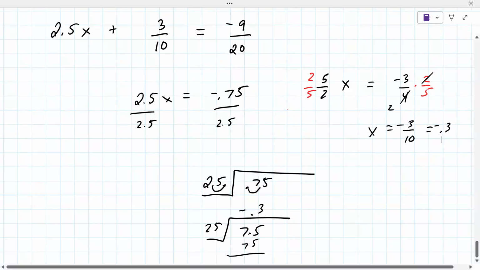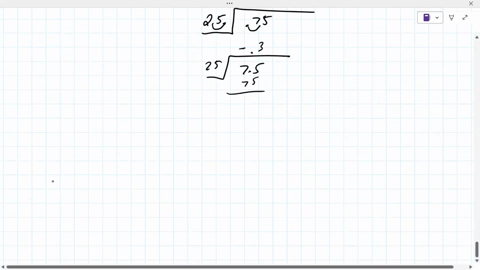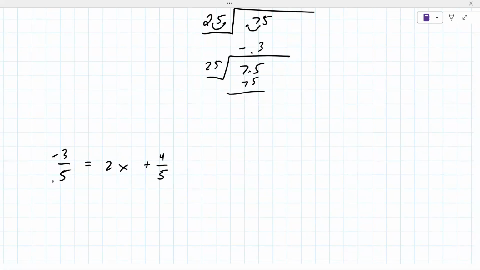Okay, let me do one more. Got one more here for you. I actually do have to stop at 7. So -3/5 equals 2x plus 4/5. Sorry, 4/10. That's what I meant there, 4/10.